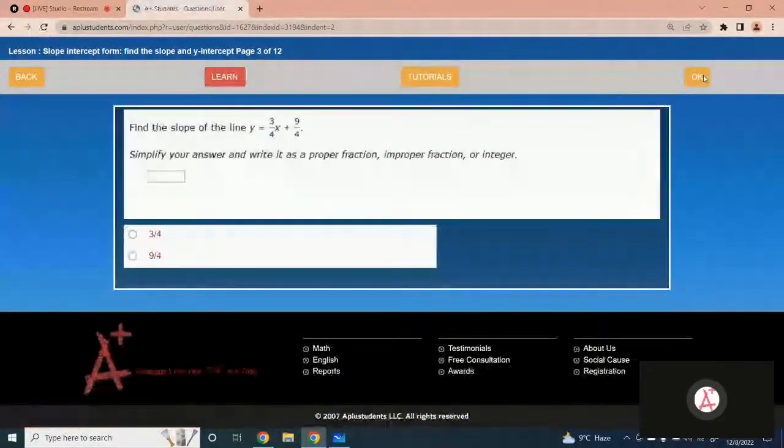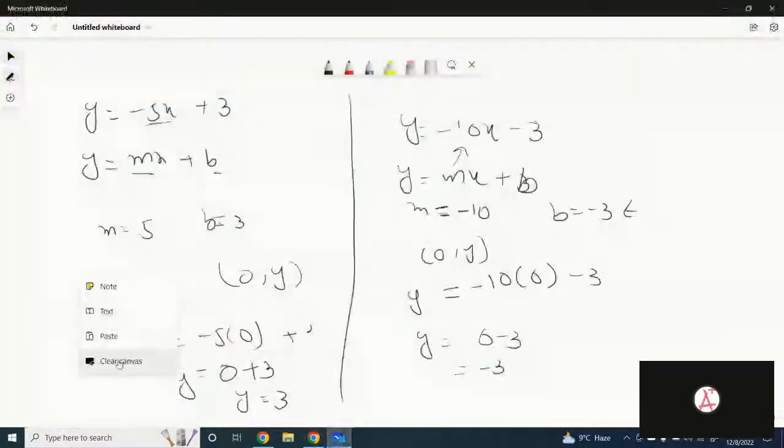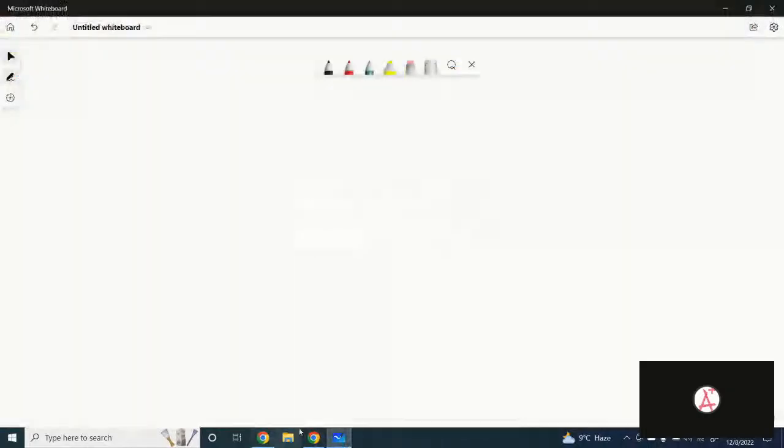Find the slope of the line. So which of the options is the correct one? When you compare the equation with the general form of the slope-intercept form, that is y equals mx plus b, it would be y equals 3 by 4x plus 9 by 4.